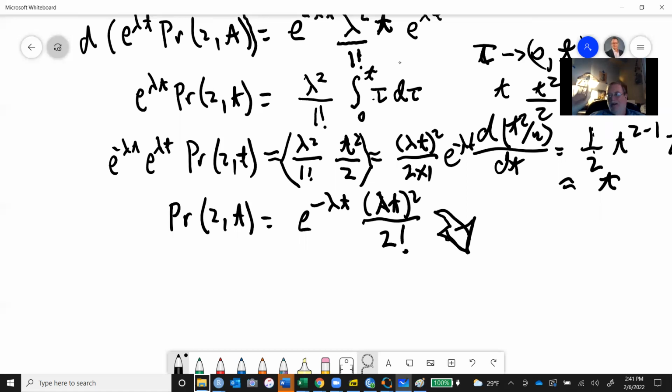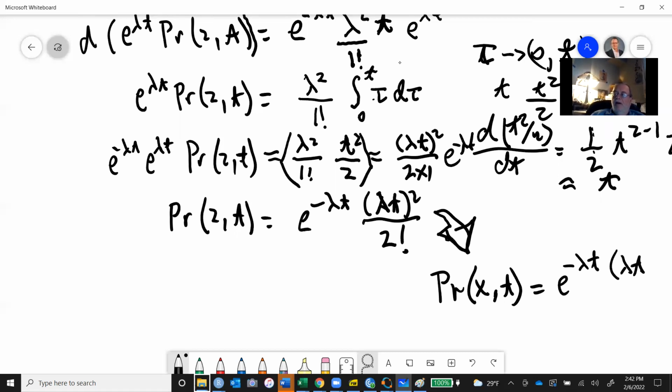It's still deduction, actually. Induction is the wrong logical term. But this will work out for any x. Try it with 3, you'll see it. That remains all by itself. You get lambda t to the x power over x factorial.